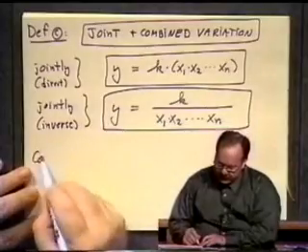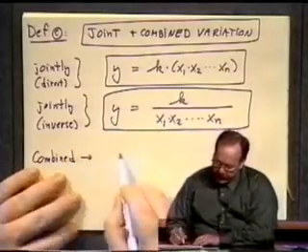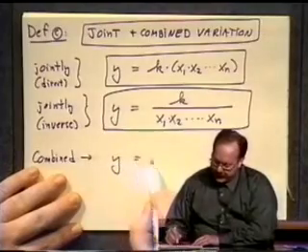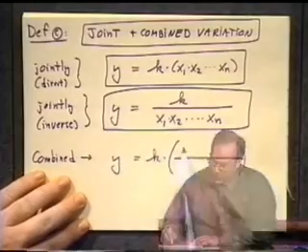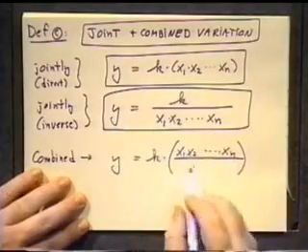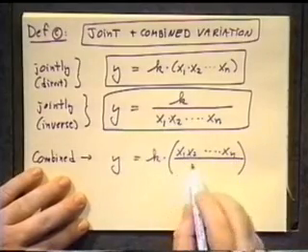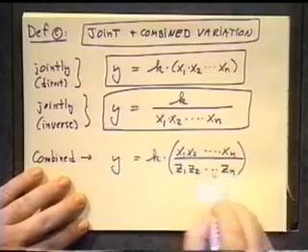And finally, there's the combined variation, where you might have y equals k, I'll put it out front, times, well, there might be one or more variables on top. There could be just one, but there might be one or more. And x1 to xn will represent those. And then say z1, z2 up to zn will represent the bottom.